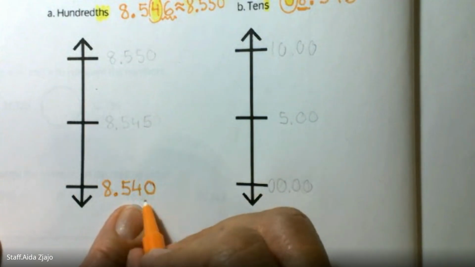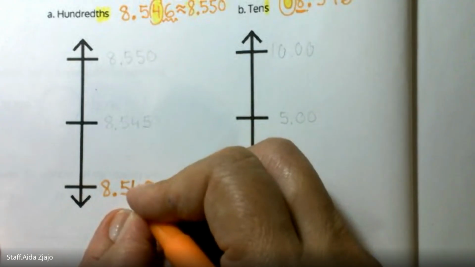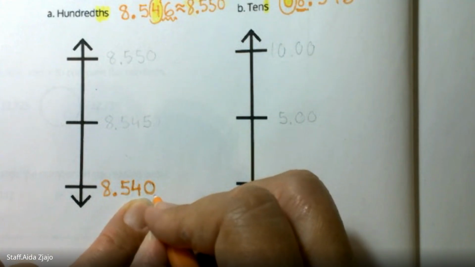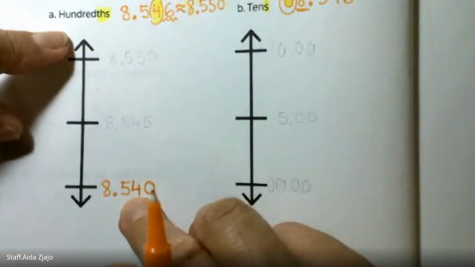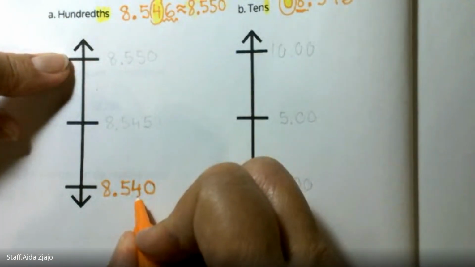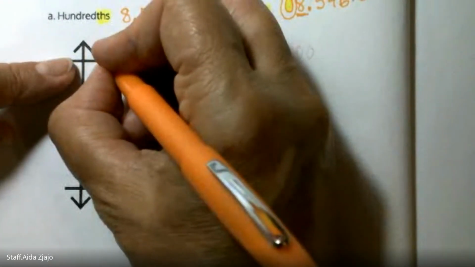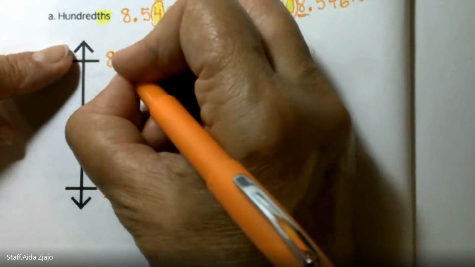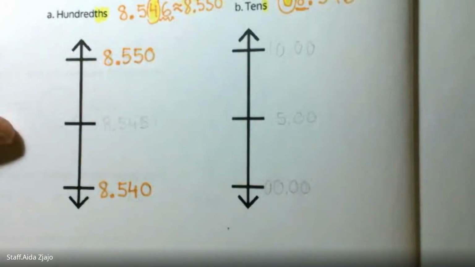So we have to start with how many hundredths we have, and we have 4, and after that we put the 0. The next value is going to be 1 more hundredth. So can we make 1 more hundredth, or can't we? So the next number is 8 wholes and 5 tenths and 50 hundredths.